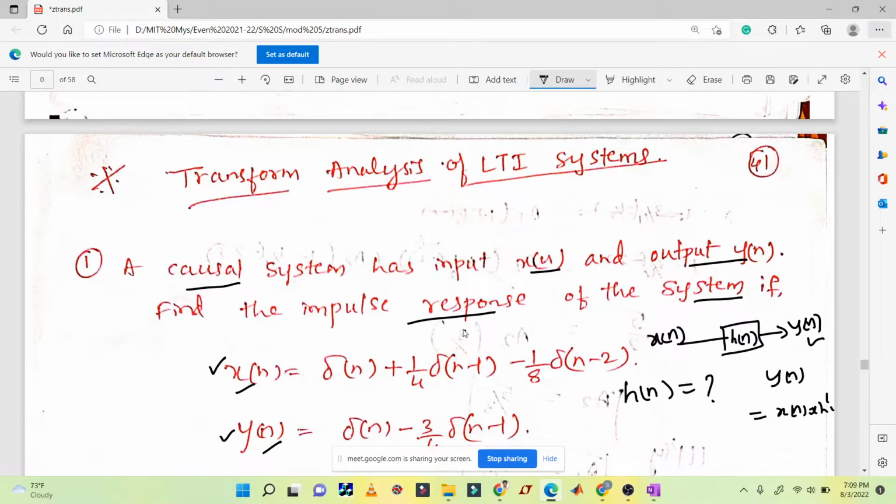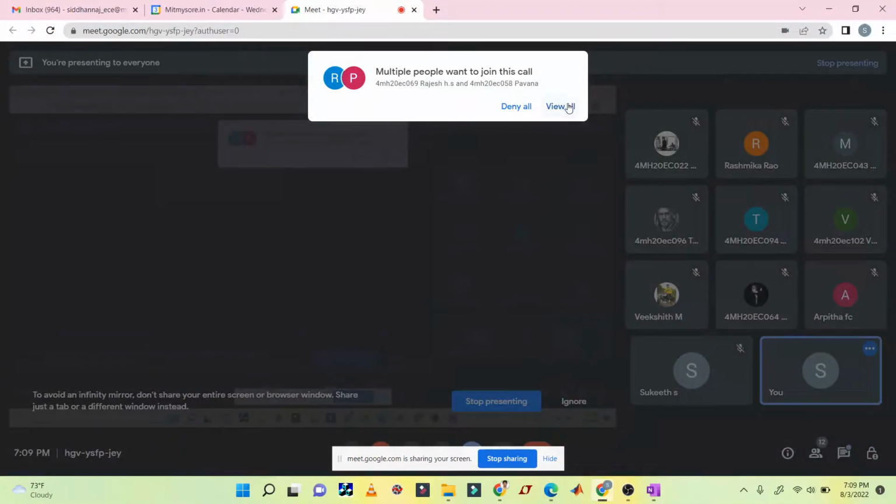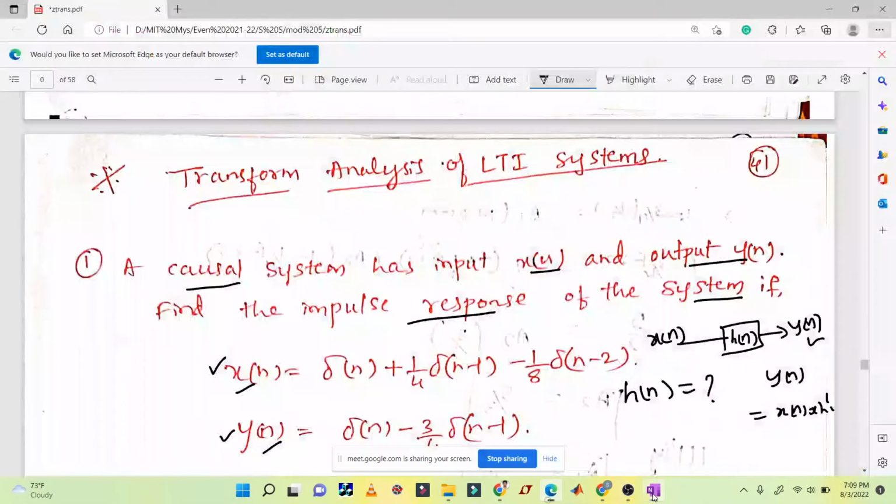Already we have calculated these problems. In the time domain it is a tedious process.